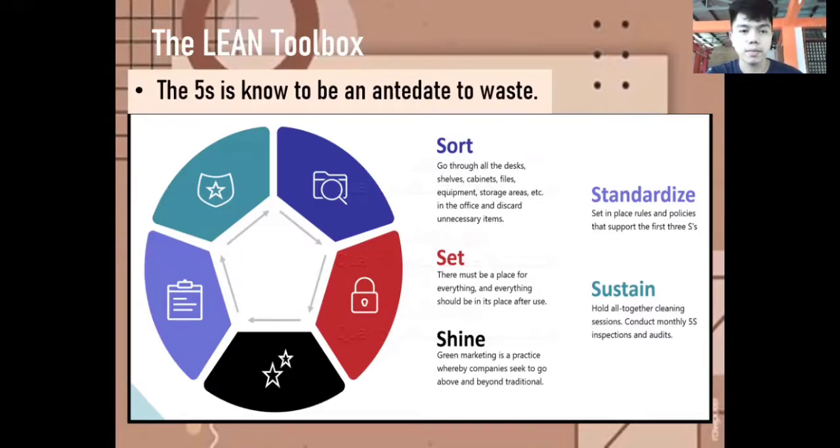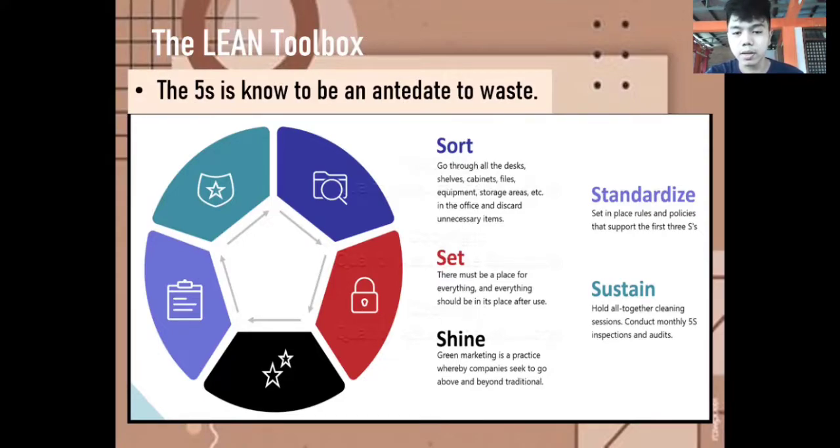The Lean Toolbox: 5S is also known to be an antidote to waste. The 5S are sort, set, shine, standardize, and sustain. Sort: go through all the desks, shelves, cabinets, files, equipment, and storage areas in the office and discard unnecessary items. Set: there must be a place for everything, and everything should be in place for use.